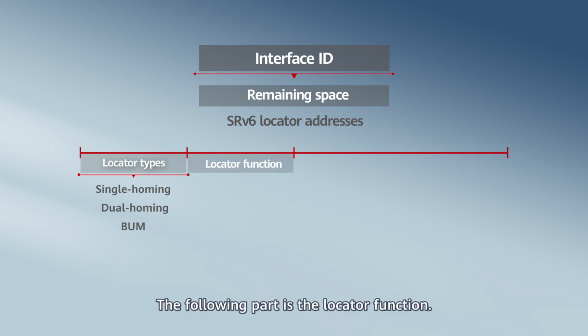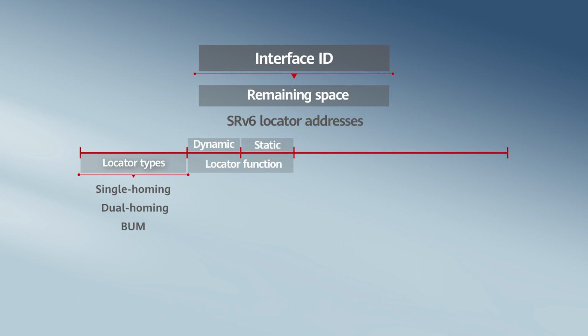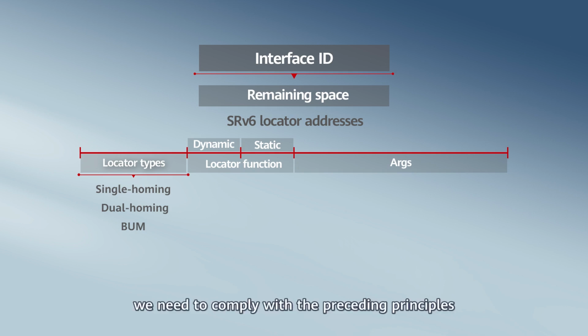The following part is the locator function. Functions are classified into dynamic functions and static functions. Finally, the Args part. When allocating functions, we need to comply with the preceding principles and try to aggregate the changeable parts so that SRHs can be compressed if needed.